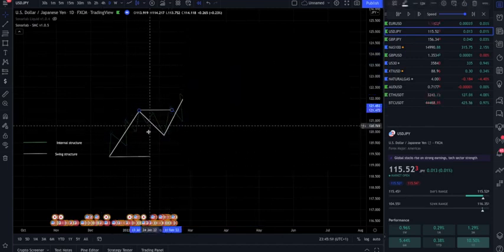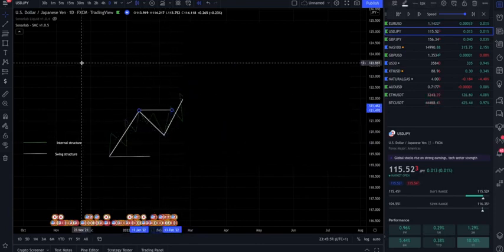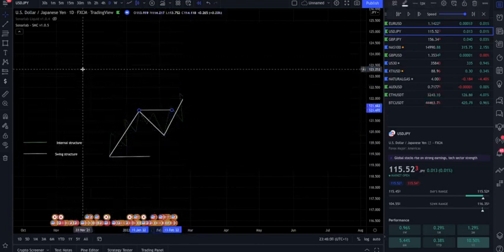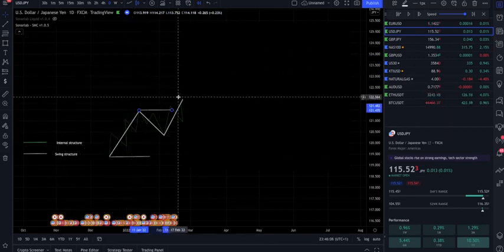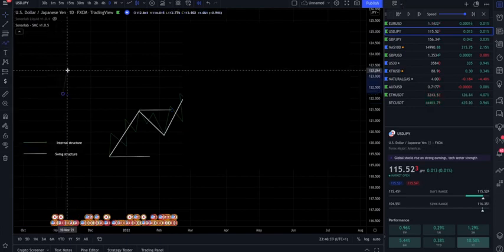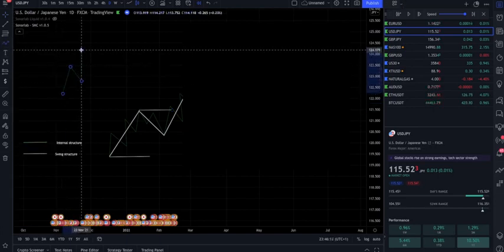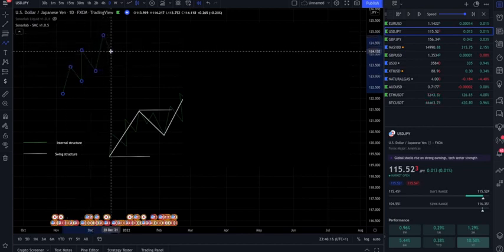And within that range, we got an internal structure, and we got a CHoCH, a change of character. So we got following like a high low, high high, high low, high high, high low, high high. And then we break that high low. So then we got a CHoCH. I'm gonna make it a little bit visual for you. So high high, high low, high high, so break this high, high low, high high, high low.